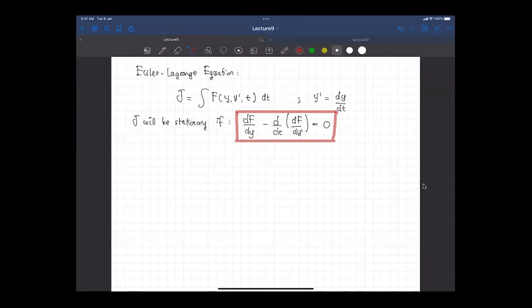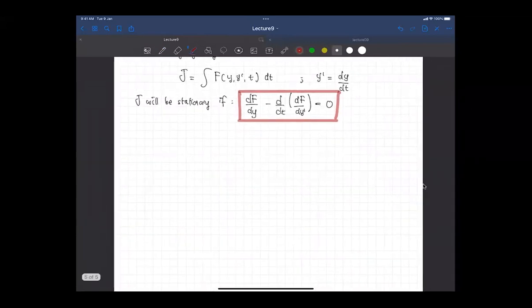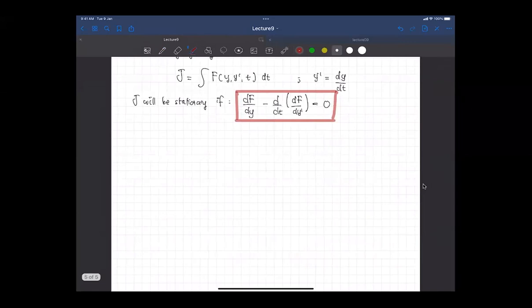So let's try to understand the solution here. How come this becomes a solution of that error function? Let's look at a simple example.